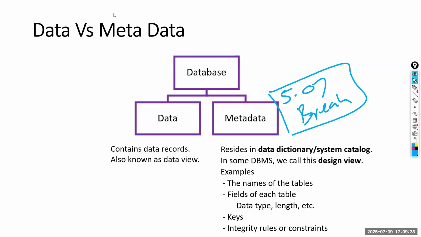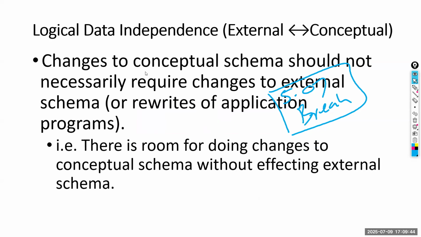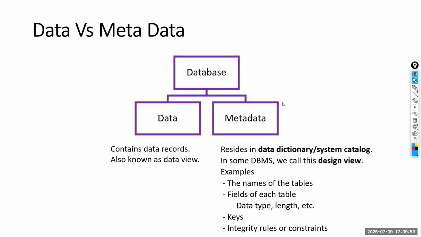Okay, so let's continue. Right, so now we have discussed the logical data independence and physical data independence, and also the 3D architecture. So the next thing is, when you look at a database or database management system, we can look at it as two parts.